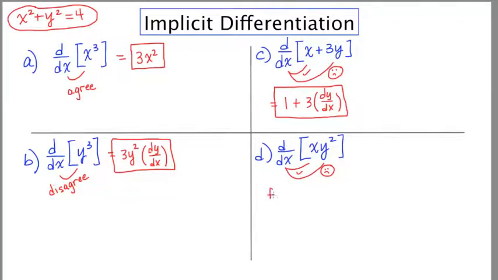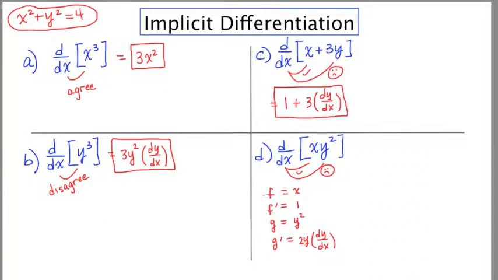So we're going to set it up old school for organizational purposes. The first factor is x. Its derivative is 1. The second factor is y squared. Its derivative is 2y. But remember, we're doing this with respect to x, so this needs a dy dx after it.